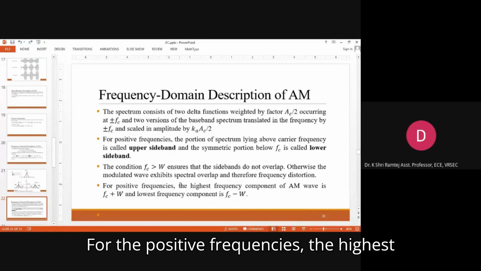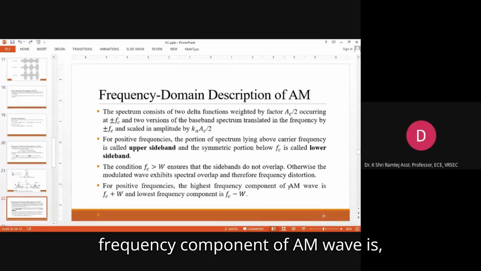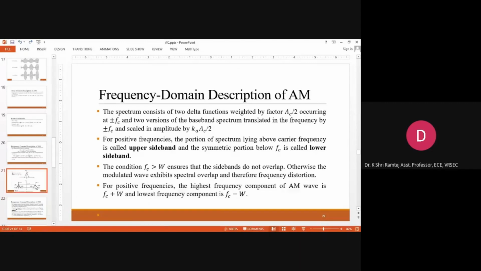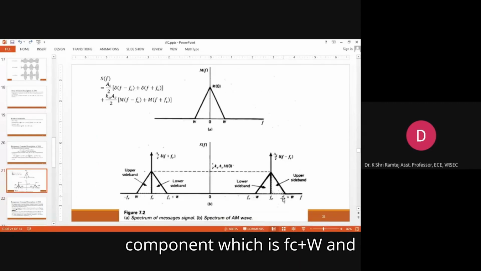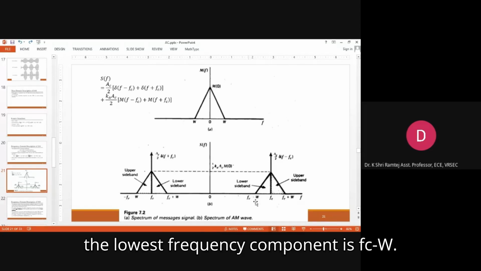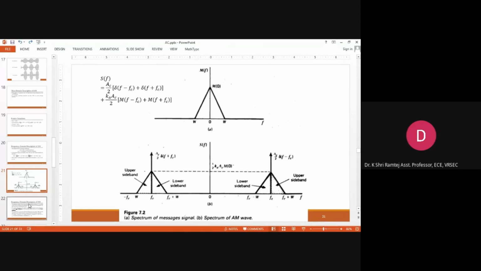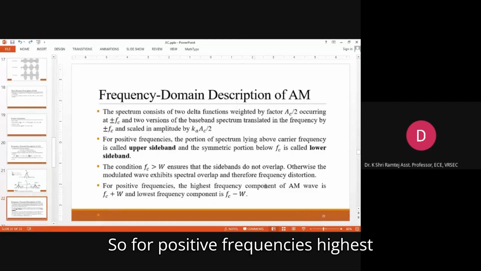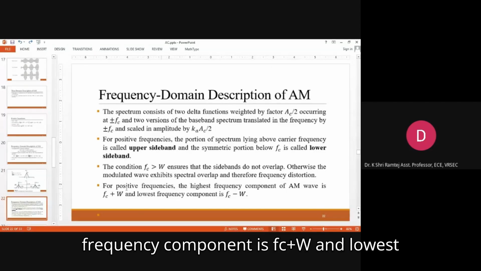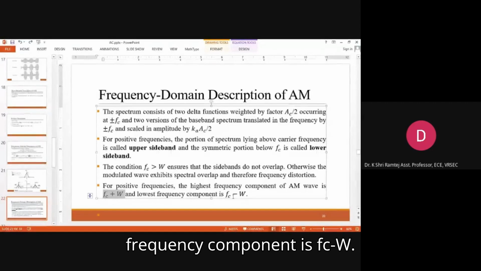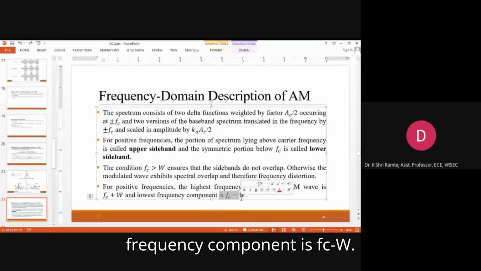And for the positive frequencies, the highest frequency component of the AM wave is fc plus W, and the lowest frequency component is fc minus W.